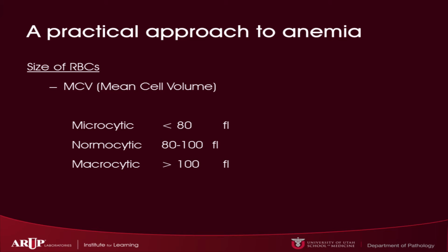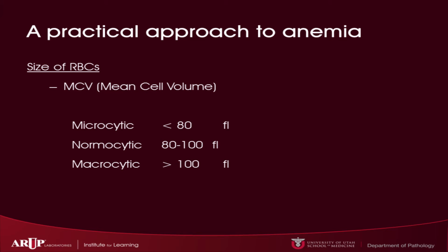For all practical purposes, we do not rely on our eyes or the microscope to determine the size of the red blood cell. It can give us some idea, but that's about it. We rely on the instrument, the mean cell volume or the MCV, to know the size of the red blood cell.